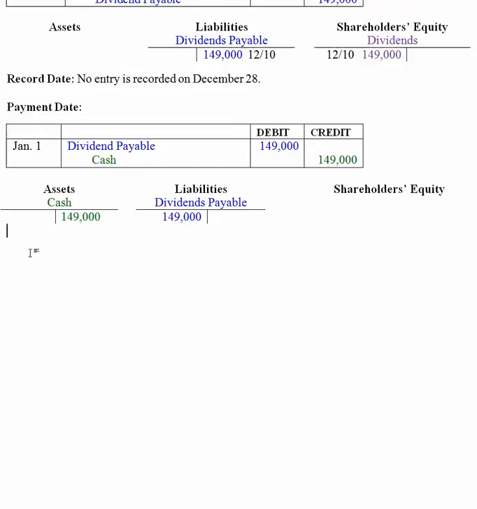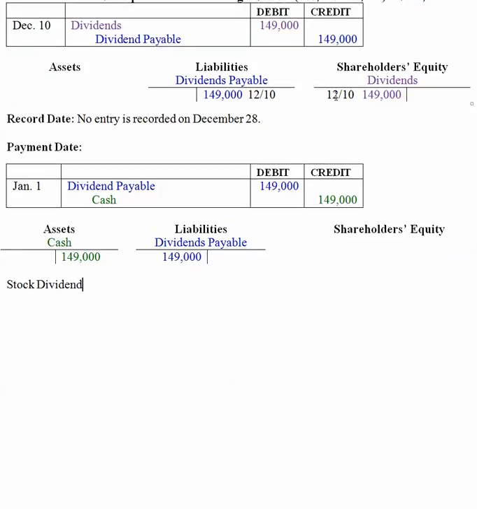Now, I do want to make another comment, that there's also a possibility a company could do what's called a stock dividend, which really doesn't do much. I'm not going to get into the entries, except I'm going to let you know that you're not going to be paying cash. Instead, you're going to reduce retained earnings in essence and give out stock.